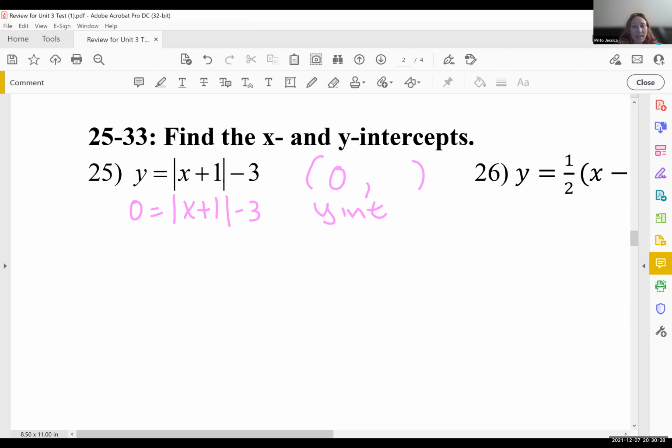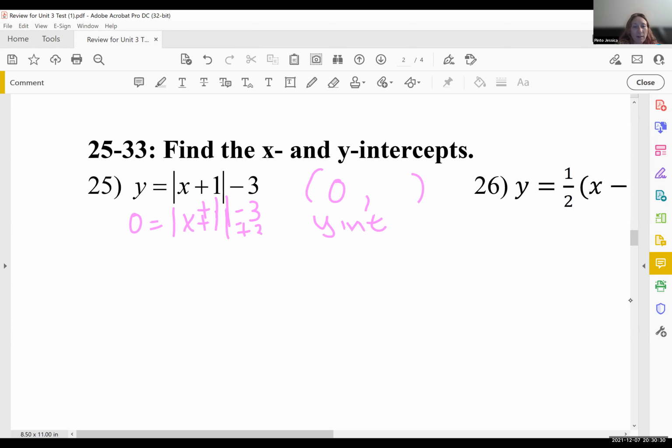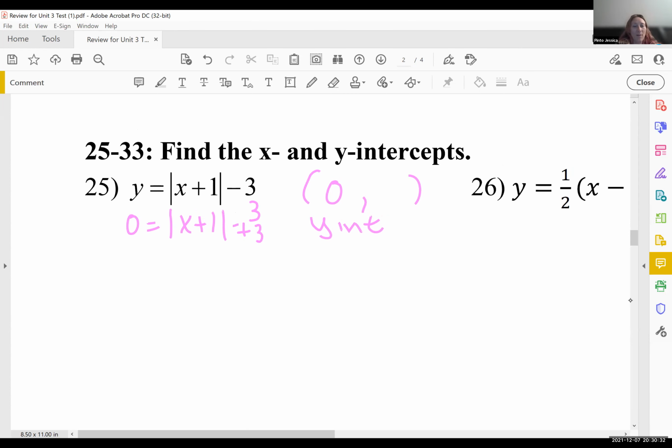So isolating the absolute value, I add 3. Oh, wow. And then I have 3 is equal to the absolute value of x plus 1. So I get the two answers. x plus 1 equals 3. x plus 1 equals -3.